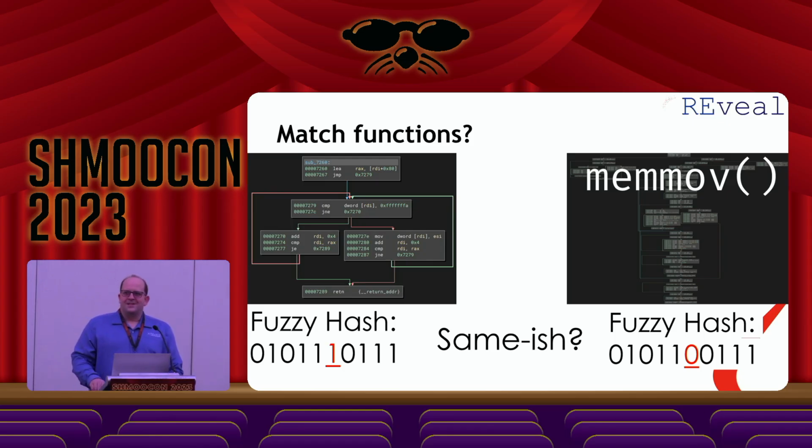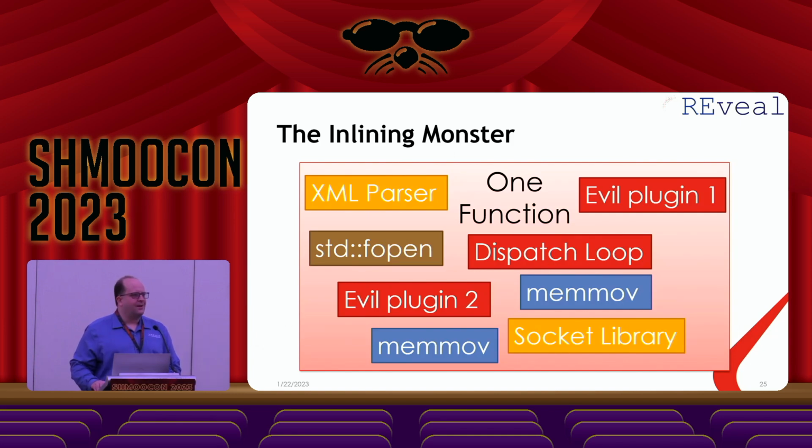So with this memmove, some terrible things can happen because compilers like to optimize things, especially when you're using lots of optimization flags. And there's this one thing I'm calling the inlining monster. If a function is only called once, or if it's a small function, the compiler will often inline it. And if you have higher level optimizations, then it will inline even more aggressively.